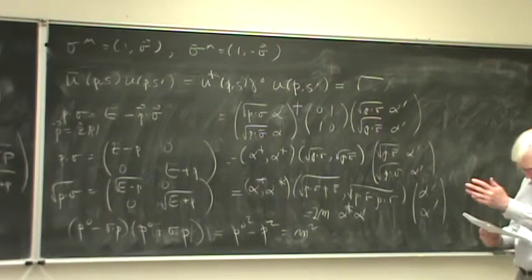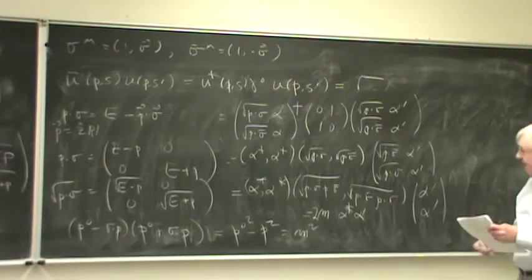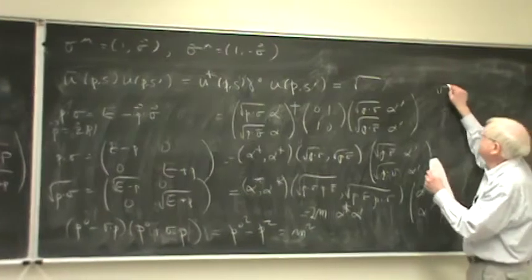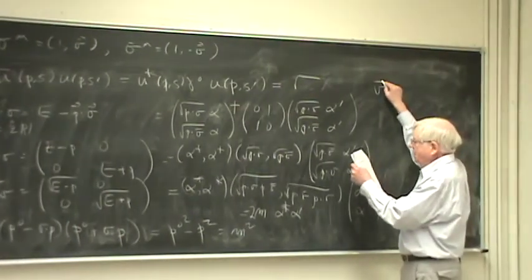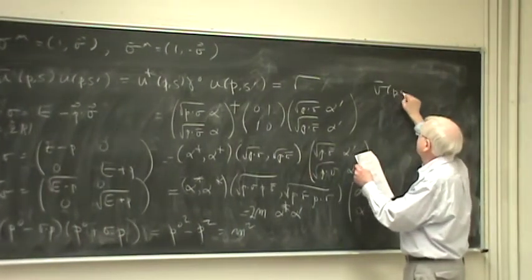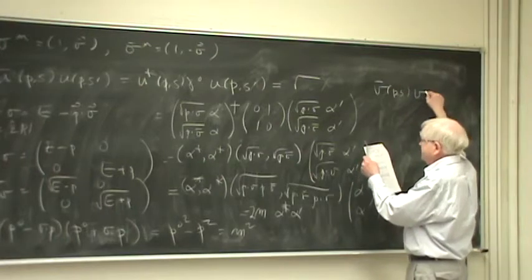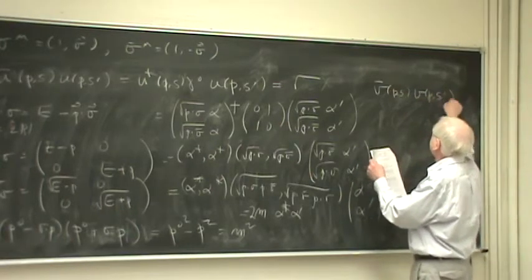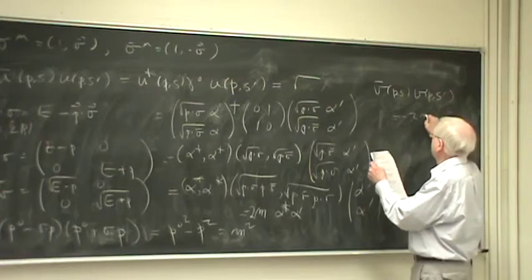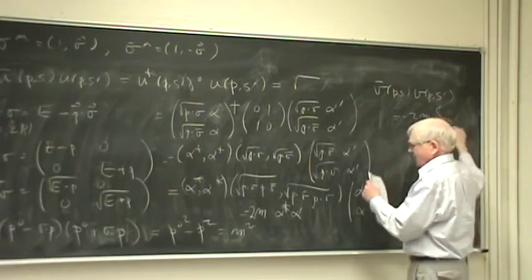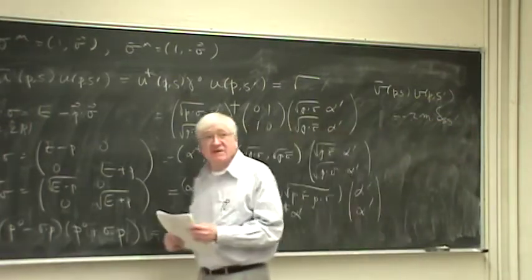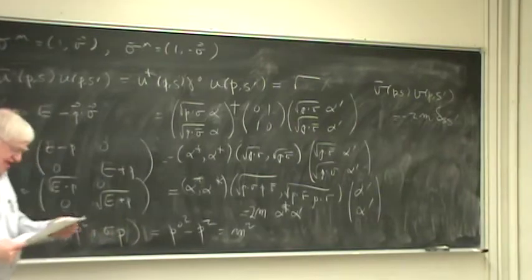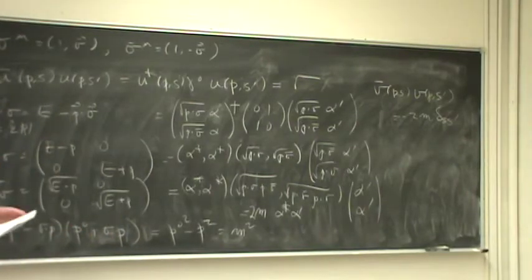If we make them orthogonal, then we get that. The similar relation for the V's is V bar of P and S, V of P and S prime is minus 2M delta SS prime. Again, thinking of S and S prime as being strictly up or down.